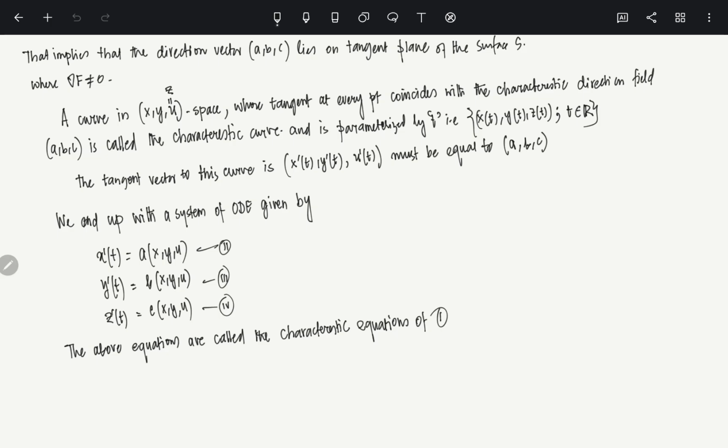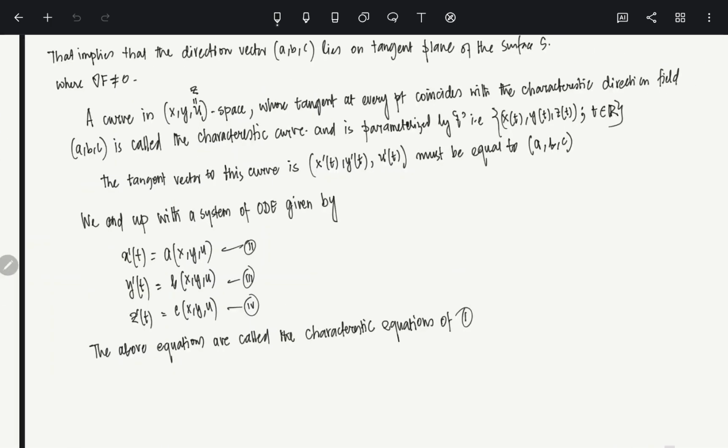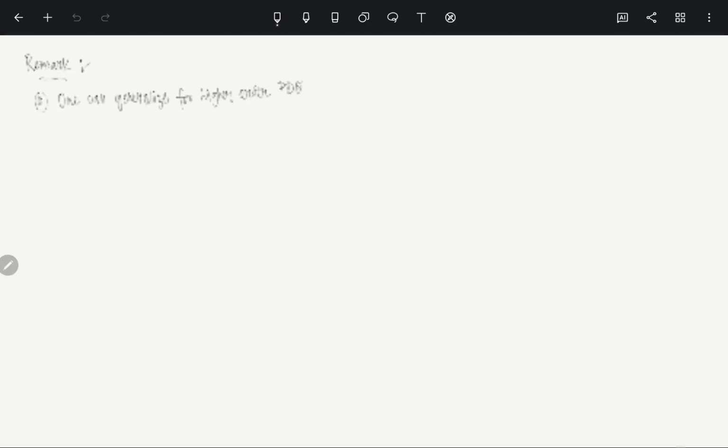Even for this PDE, the visualization is in R3. So if you are looking at a higher order PDE, the visualization will not be possible, since that will be more than 3 dimensions.